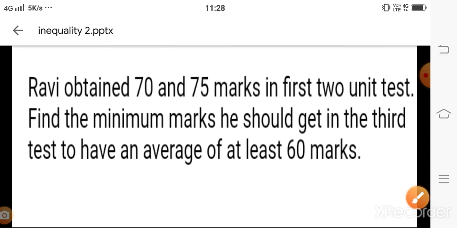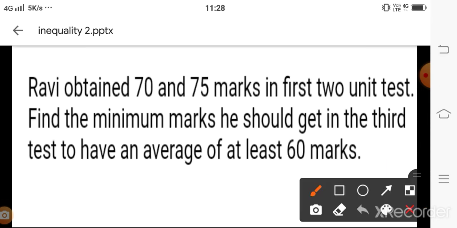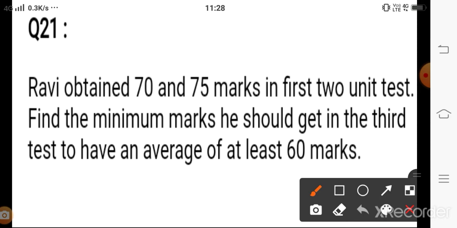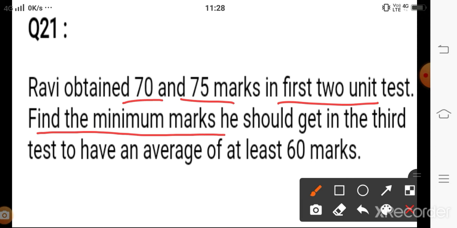Then let us solve a statement problem, and the question is from your NCERT book, 21st question. Ravi obtained 70 and 75 marks in the first 2 unit tests, and we have to find the minimum marks he should get in the third test.